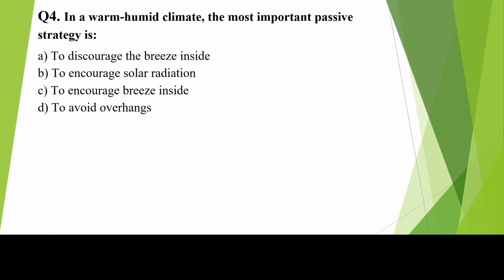Okay, so let's move to the fourth question then. Here is the fourth question for you all. Let's see how many of you can answer the fourth question as well.